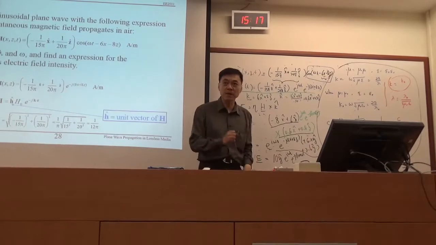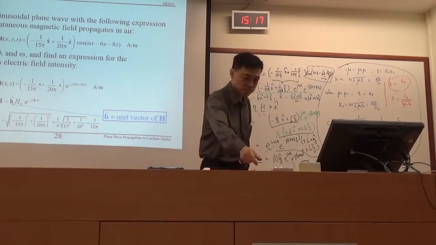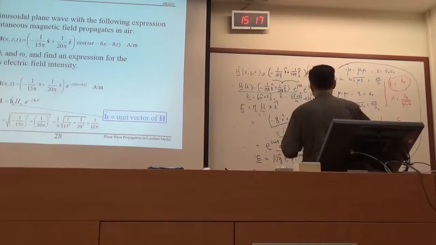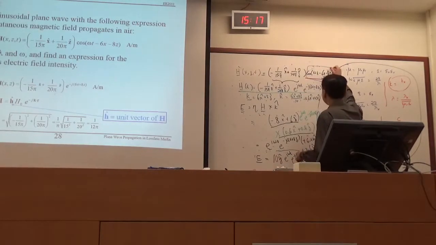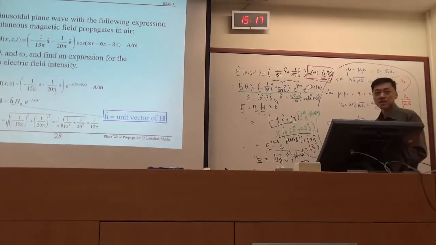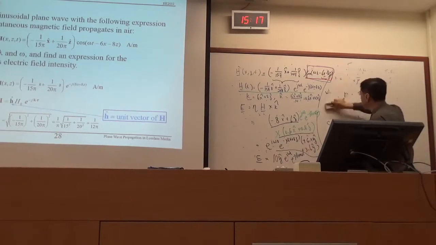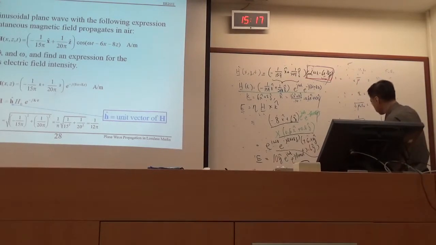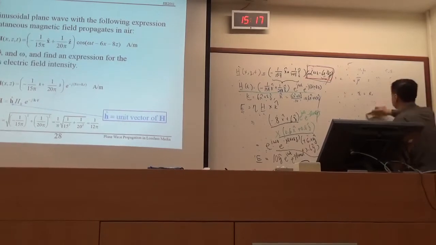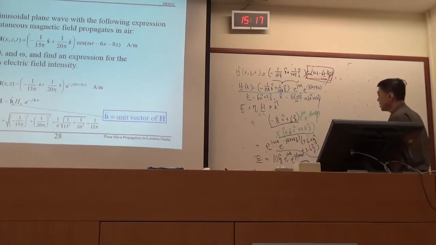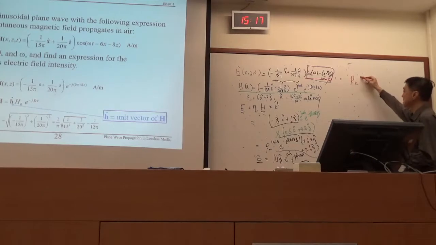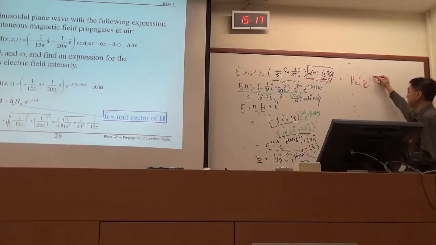Now when I say copy everything down, this must be in a standard form like this, because the phasor form is e^(j theta) equal to cosine theta.